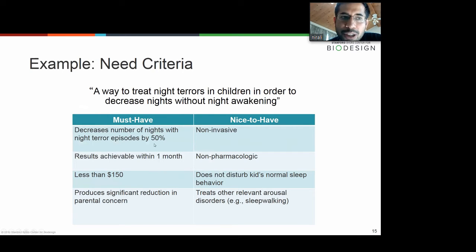Now, let me ask you guys a question. How would they have determined that they should do it by 50%? Anyone have thoughts on that? How could you figure out, how do you know, should I do it by 50%?